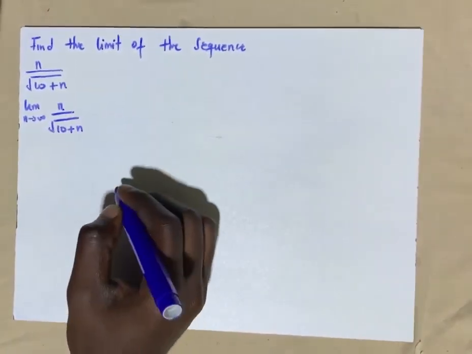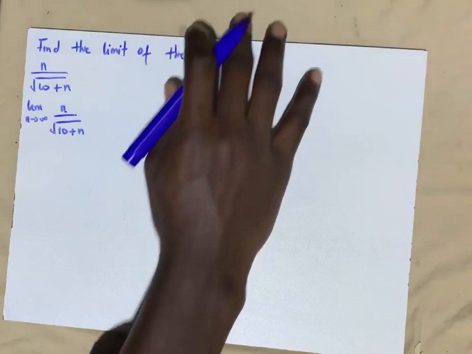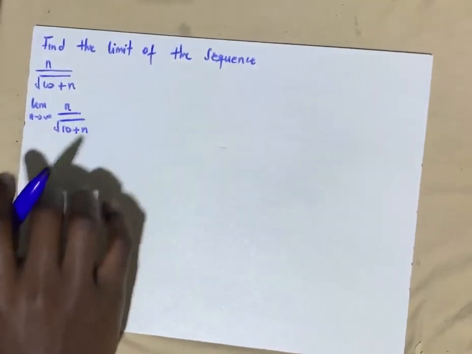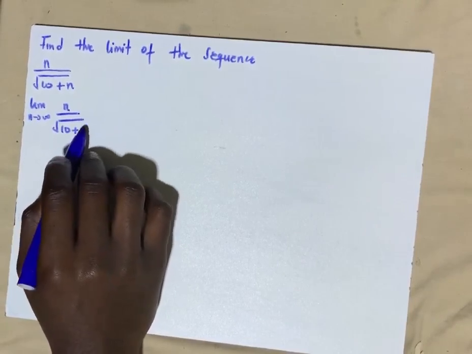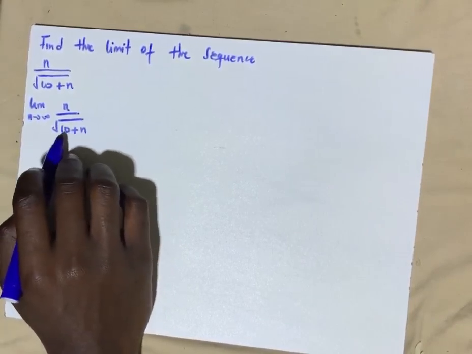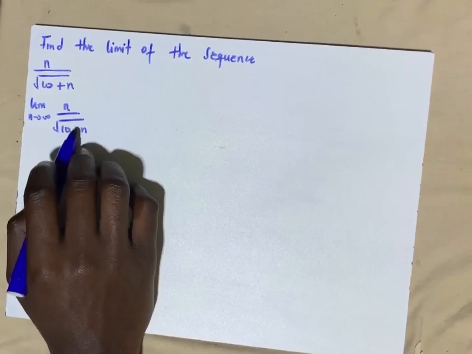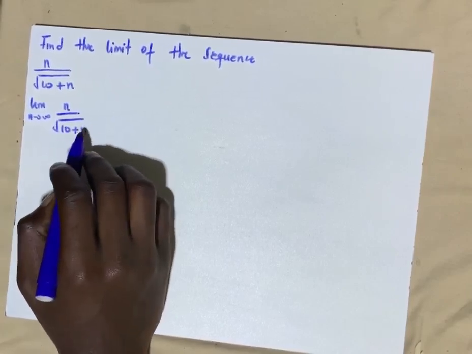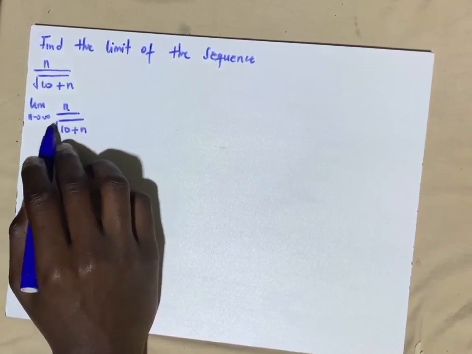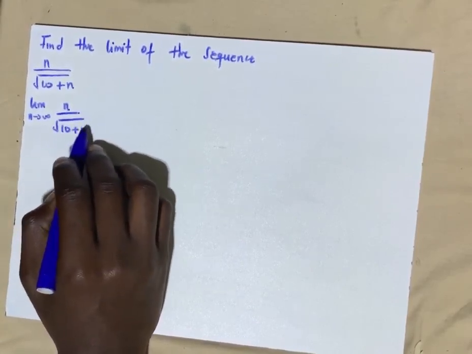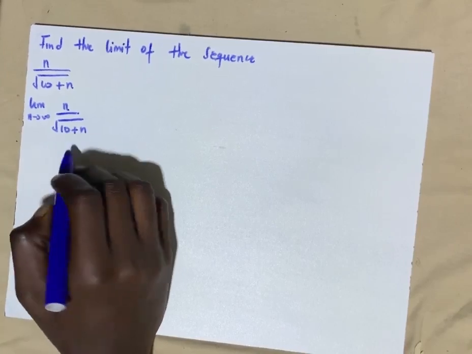Very good. So what do we do? Now remember that we always divide through by the highest power of n. And as I said, we would have used n, but because of the square root, this time the highest power of n is going to be the square root of n, or n exponent half. If it was the cube root, the same thing, cube root of n. Any type of root you have, the highest power of n is going to be that with the same root.